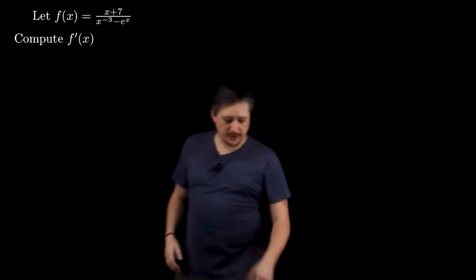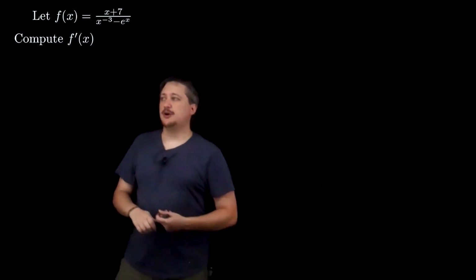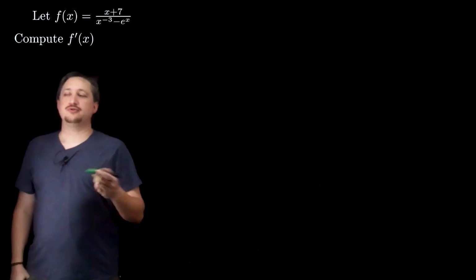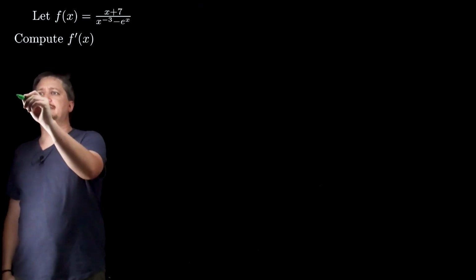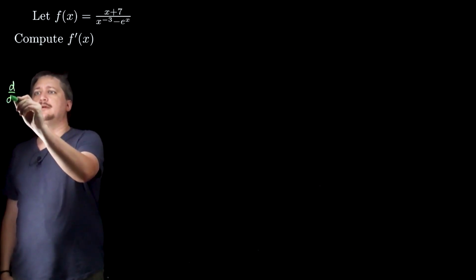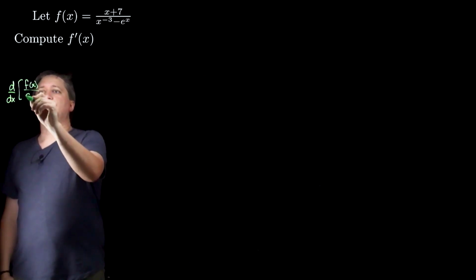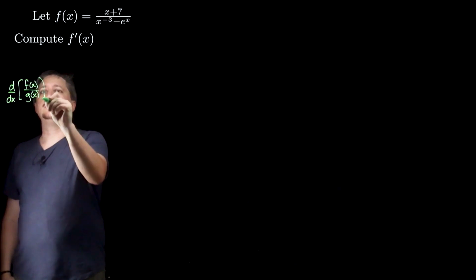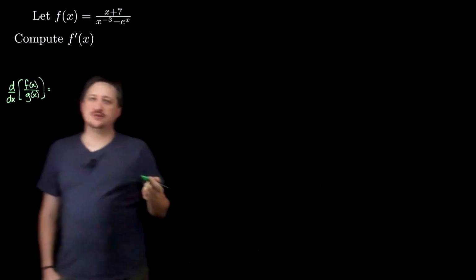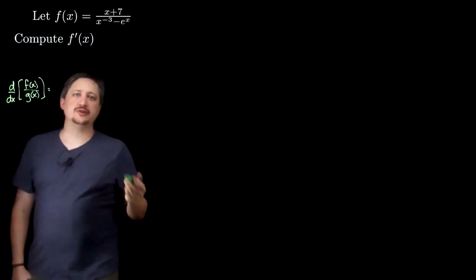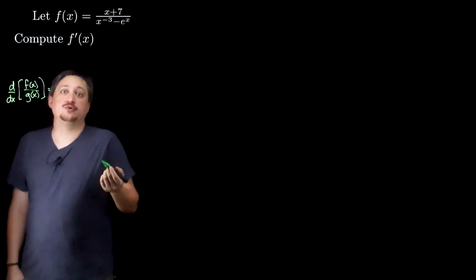So that being said, let's recall our quotient rule. So we have, if we want the derivative of f of x over g of x. This is always a good idea to write down the rules that you're going to use so that you make sure you did them correctly, right?